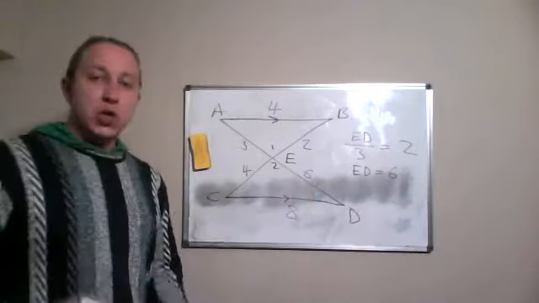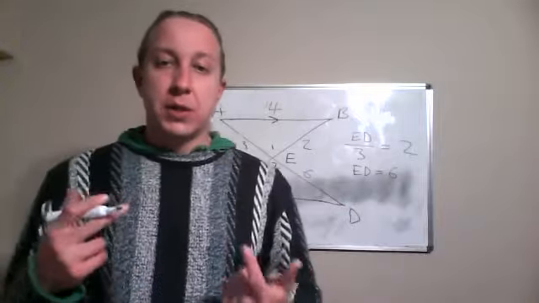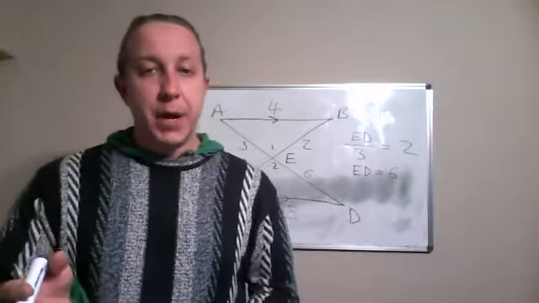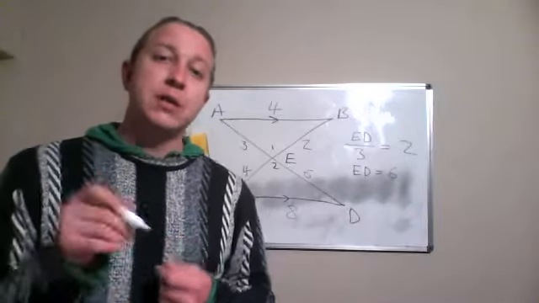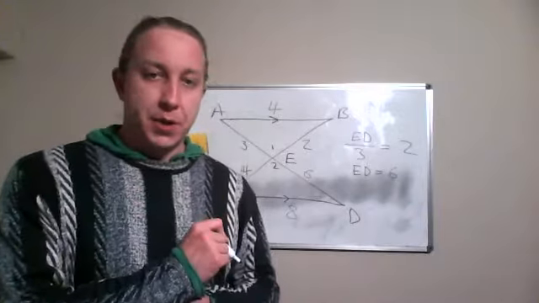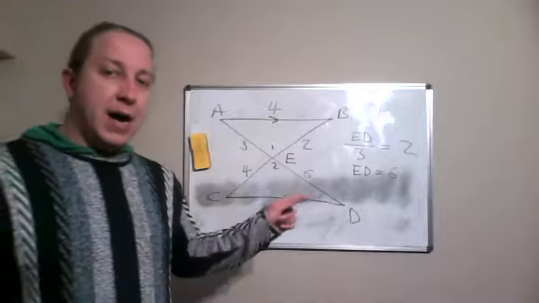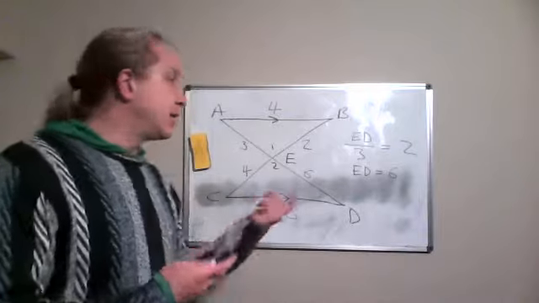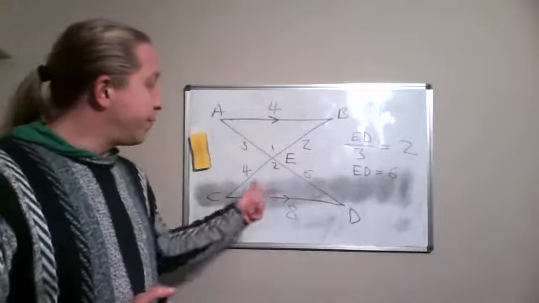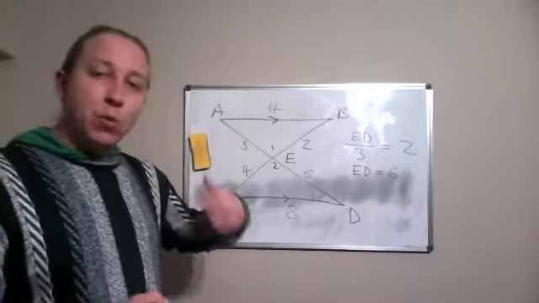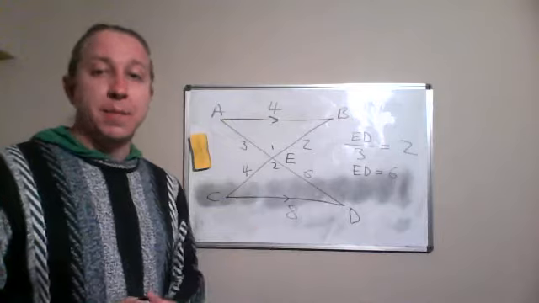So we kind of work backwards, because now instead of me saying here's the information, prove that these two triangles are similar, I'm saying to you these two triangles are similar. Given that, find the missing sides. The idea is that you need to find the ratio, because the triangles are similar, from the information that I give you, and then work backwards to find the missing sides.